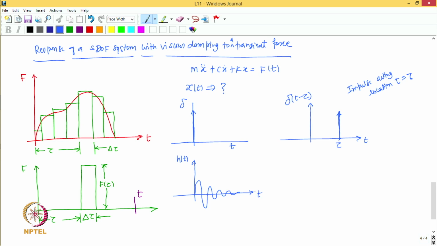So, when the impulse acts at location t is equal to tau, the impulse response would also start only at that time. So, it will also start here at t is equal to tau, and this is therefore designated as h t minus tau, right. That is the impulse response starting at t is equal to tau.